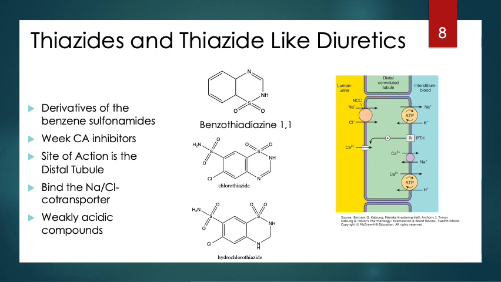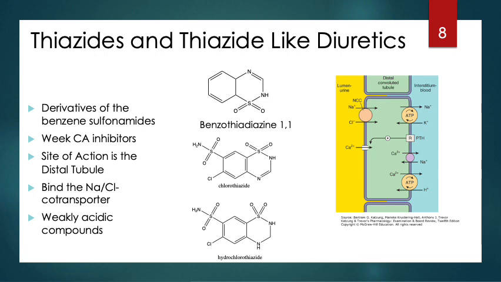When it comes to the thiazides and thiazide-like diuretics, it is worth mentioning that these drugs were discovered in part as an effort to synthesize benzene disulfonamide derivatives of the carbonic anhydrase inhibitors that were already on the market.